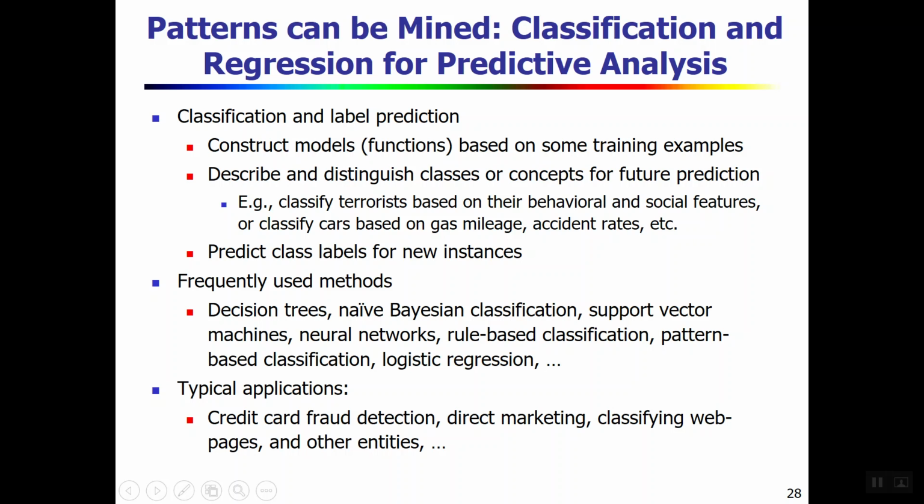So this is classification and label prediction. Some additional examples include classifying terrorists, classifying cars, classifying many things. A lot of phenomena can be formulated into a classification task. For example, computer vision. How does a computer see what's in a picture?